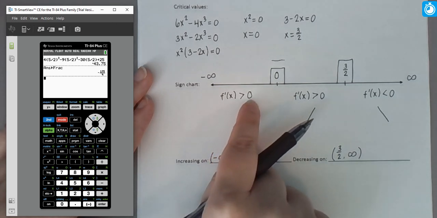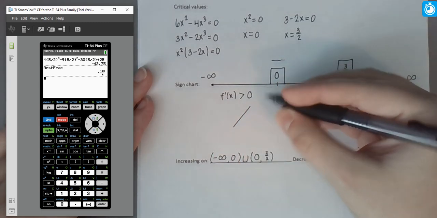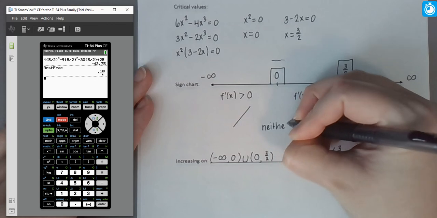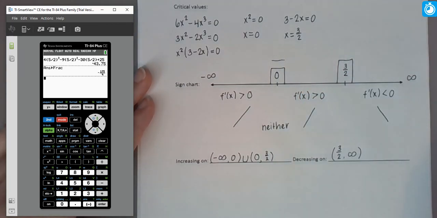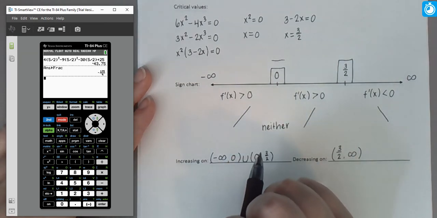We go from increasing to flat to increasing again. So this is a critical value that represents neither a maximum nor a minimum. It's just a critical value. It's just a location where we have a horizontal tangent line.